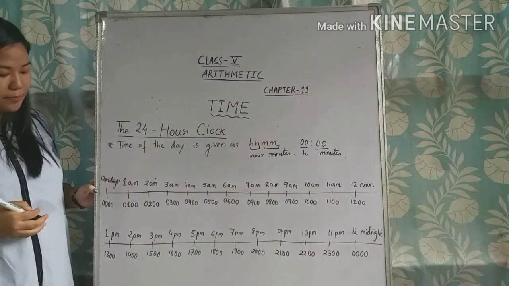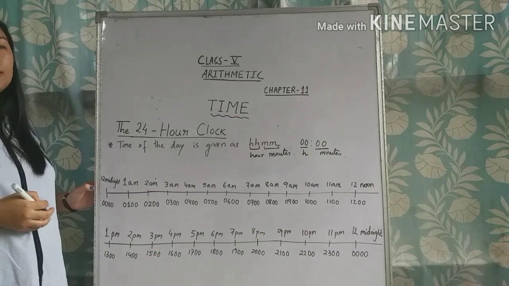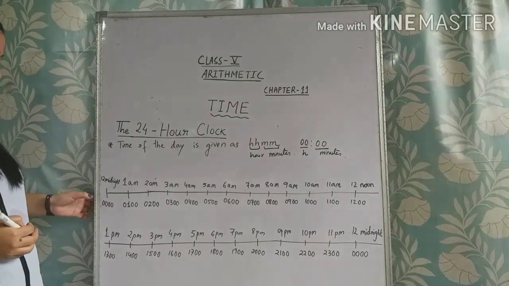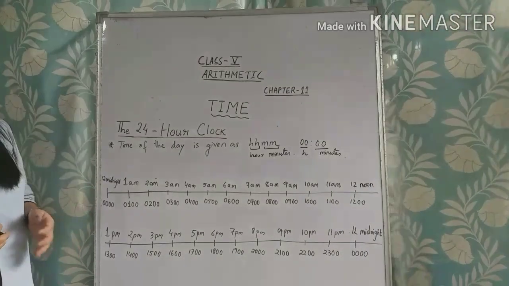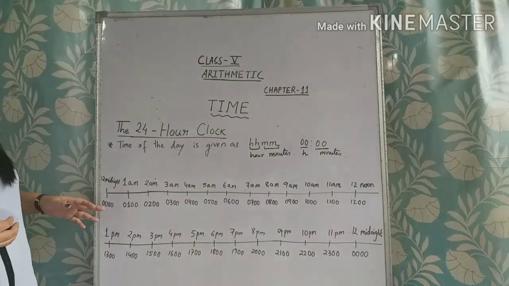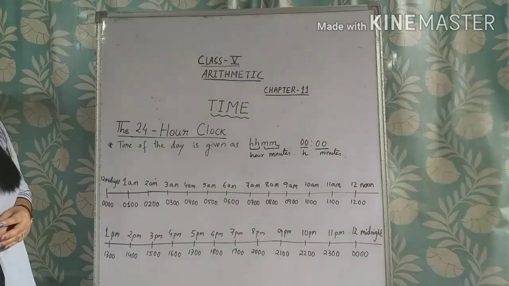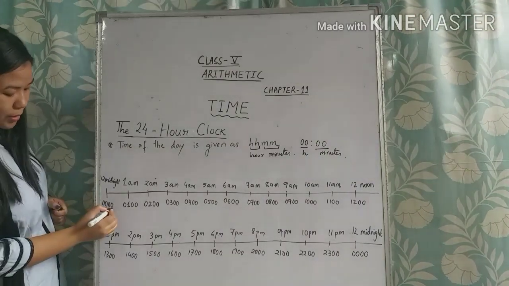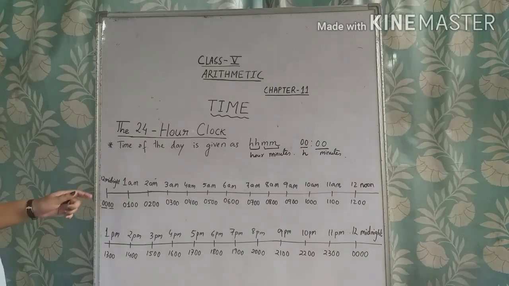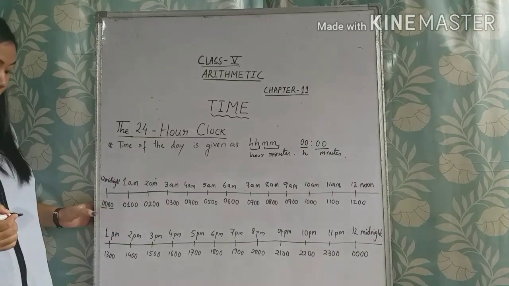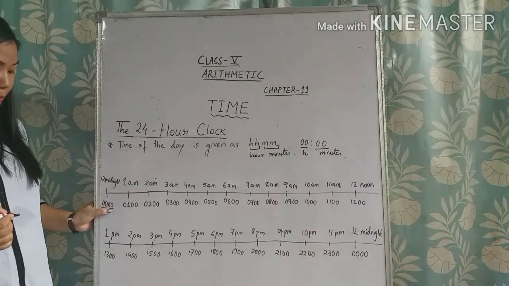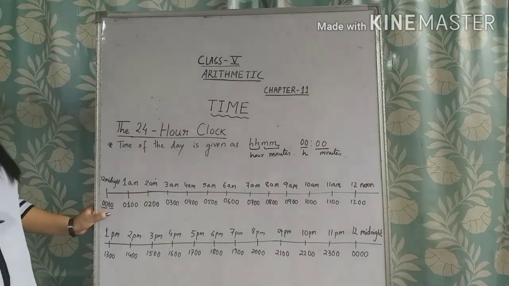Now to understand better, we will see this table which I have drawn on the board. We all know that the time of the day starts from 12 midnight. So in the hour it is 0 and in minutes it is also 0. So 12 midnight is represented as 00 in the hour and 00 in the minutes.